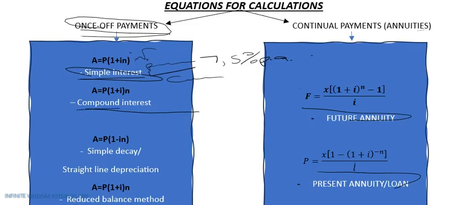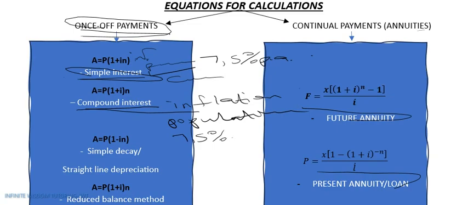And if it is a compound interest formula, you will either see the word inflation. Once you are calculating inflation, we use compound interest. Or you will see population growth, the population of a specific town or of a specific insect. Or after the 7.5% per annum, you will see that it says compounded.